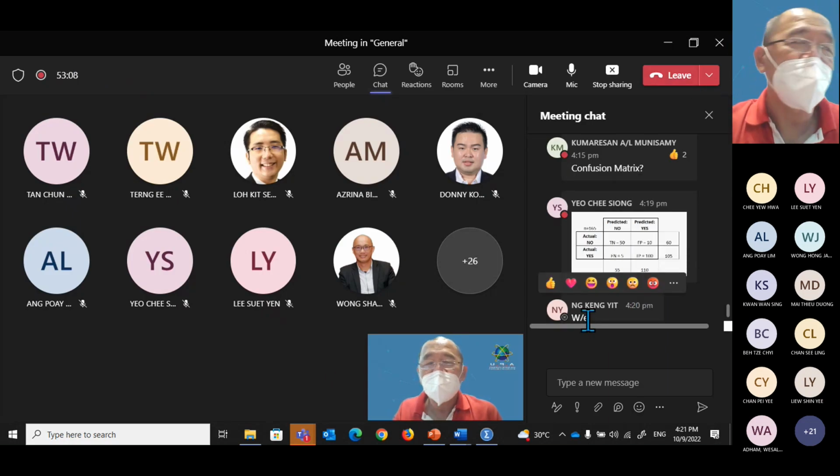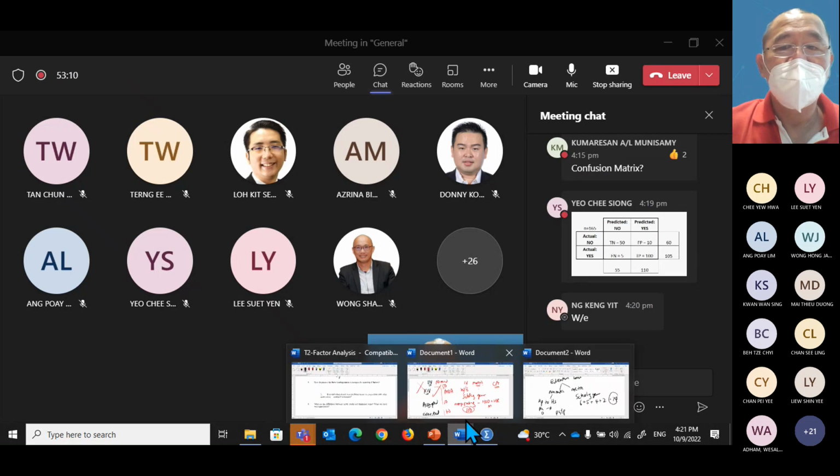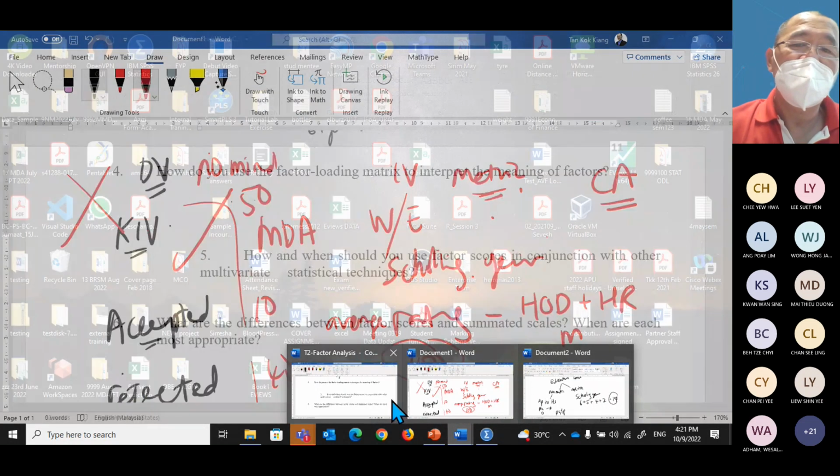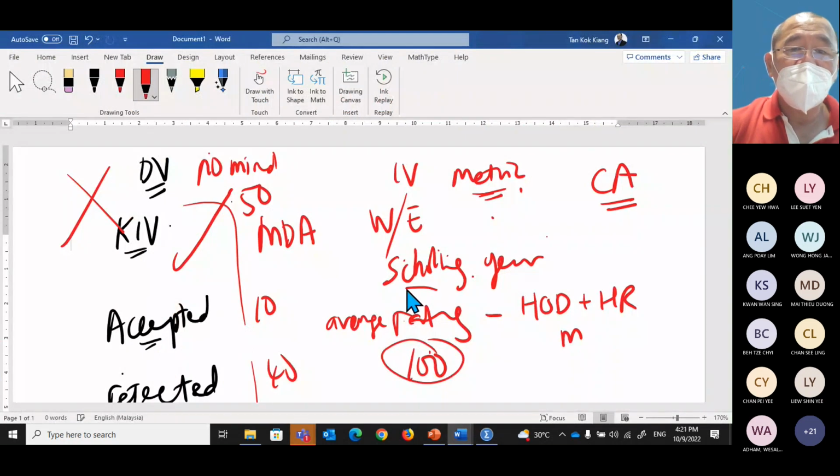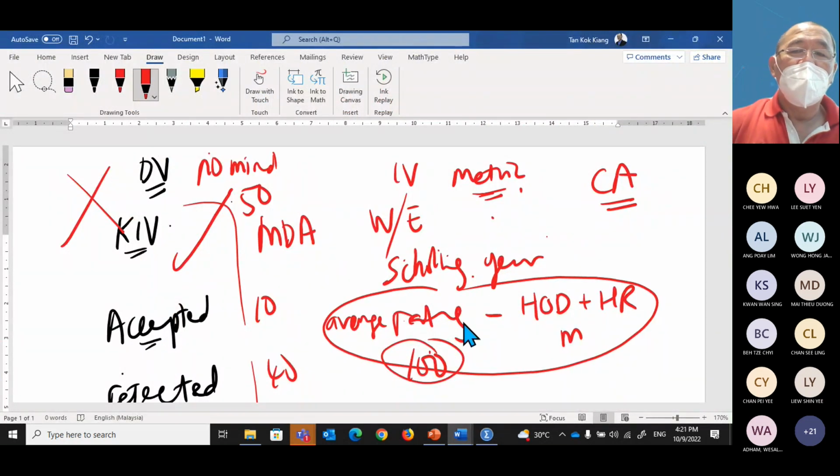Some say working experience, some say average rating. Of course, there is no data, but let's say it's average rating. Therefore, we know that this one will have the highest discriminatory power.